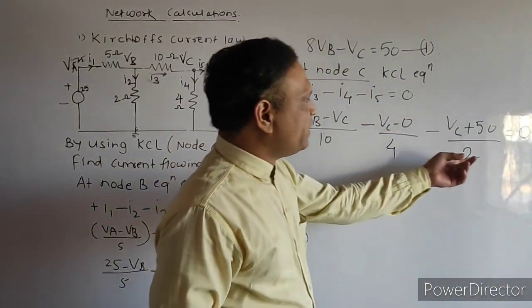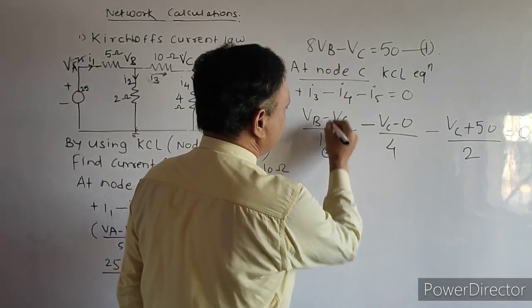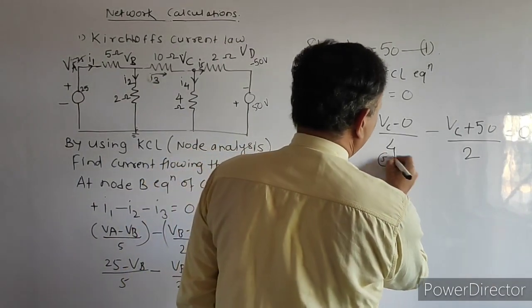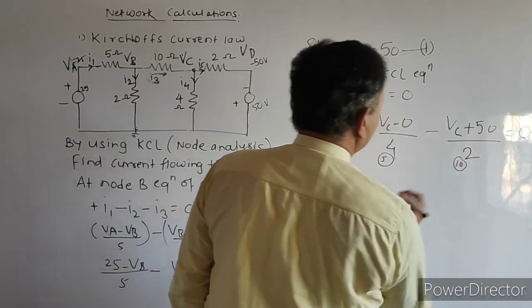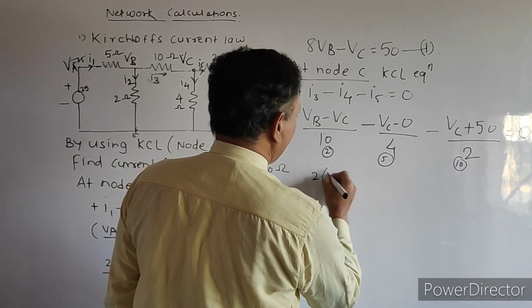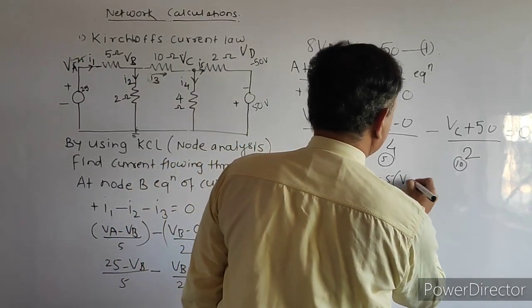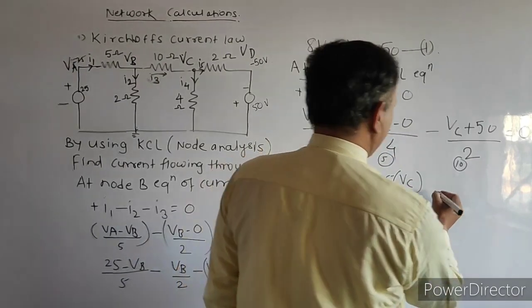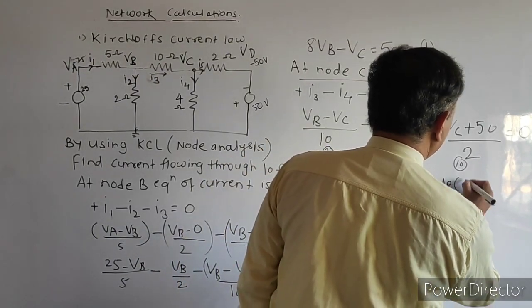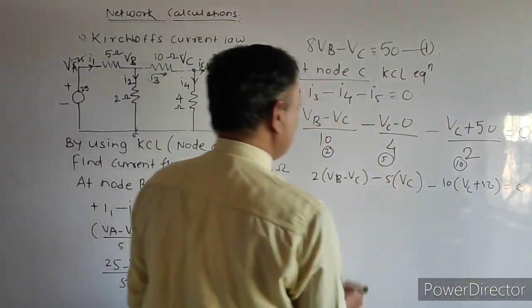Now if you calculate the LCM of this step, it will be 20. So let us multiply this side by 2, this side by 5, and this side by 10. So what we get is 2 into VB minus VC, minus 5 into VC, 0 doesn't carry anything, minus 10 into VC plus 50 is equal to 0.